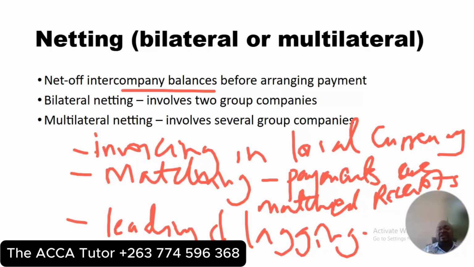So bilateral netting involves only two group companies. But as the group grows, we end up doing what is called multilateral netting, where we now have several group companies participating.